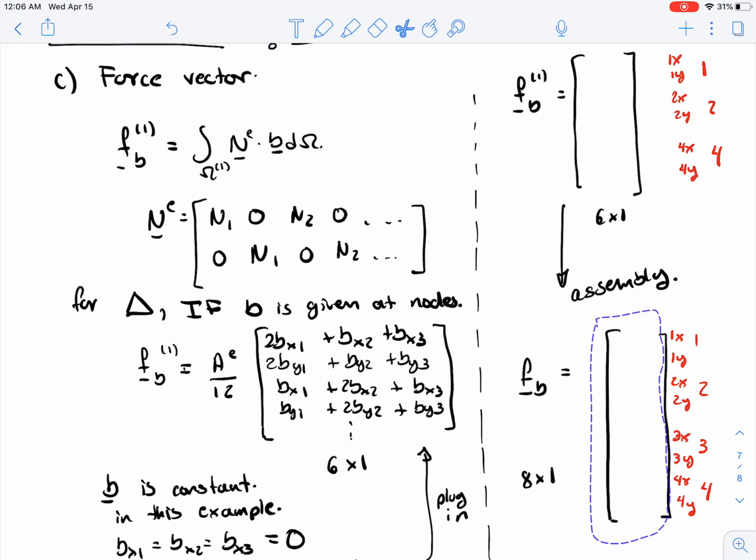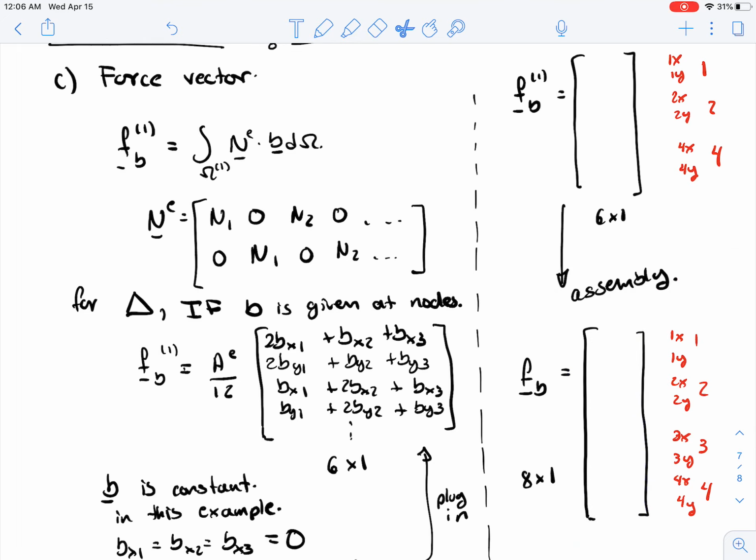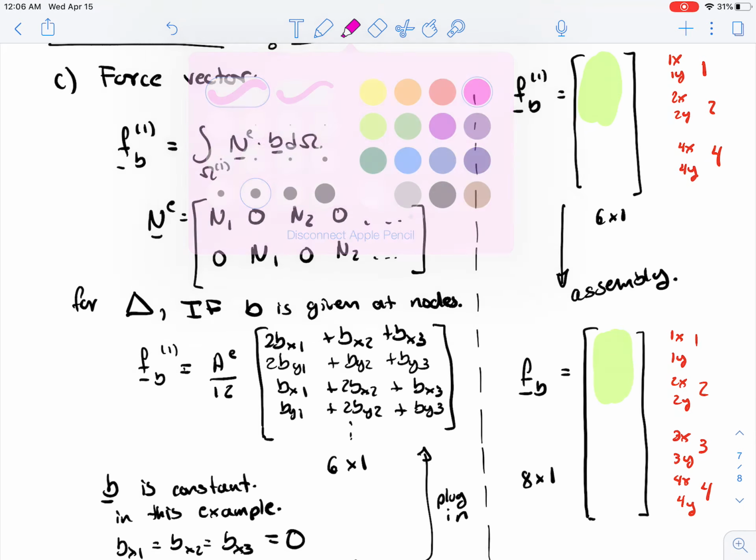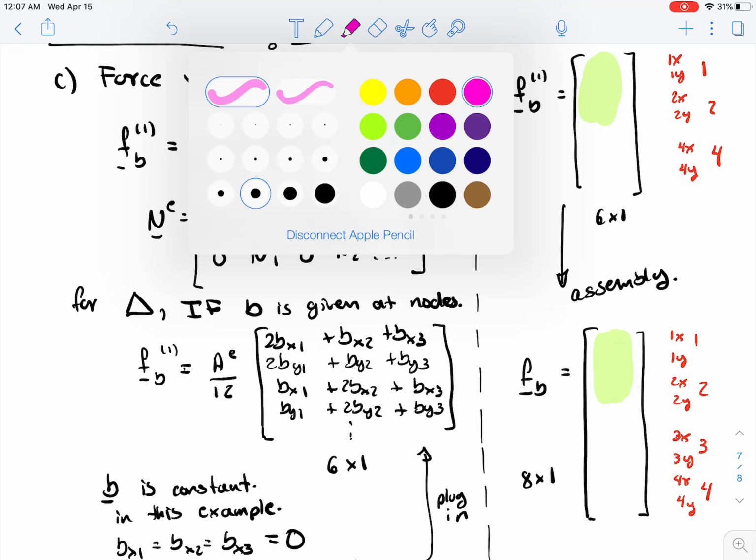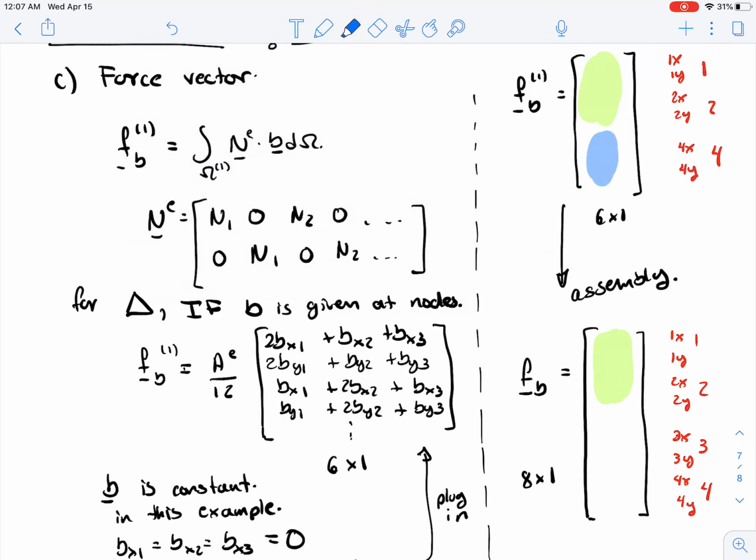And then actually, again, I'll move this a little bit. The problem here is that doing the assembly with this setting is easy. So you can see that this whole first part is gonna go here, and then this one right here is gonna go here, and then I'm gonna have zeros in the other two.